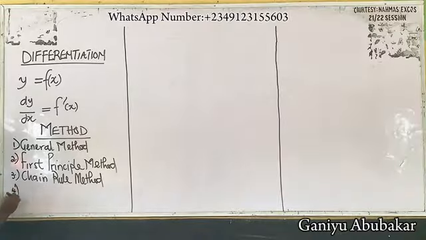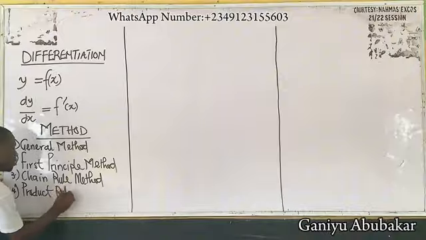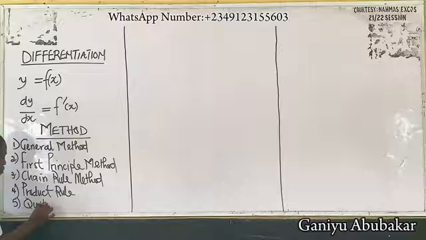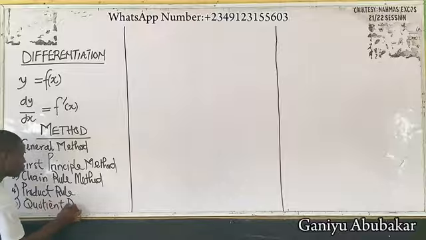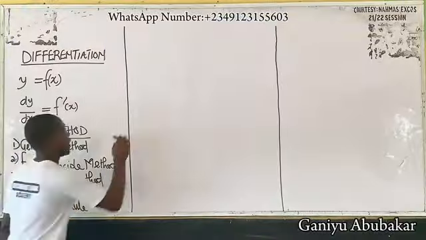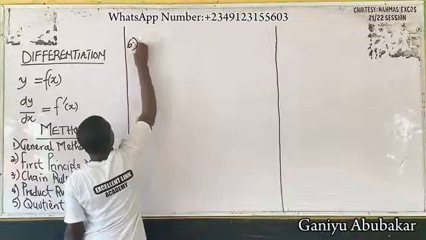Number 4, I have product rule. Number 5, I have quotient rule. And number 6 there, I have implicit differentiation.